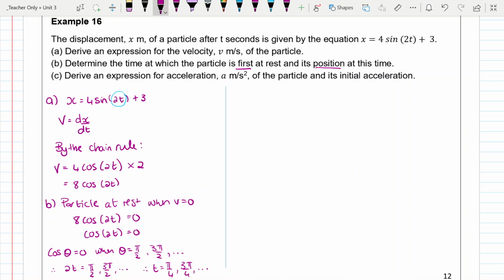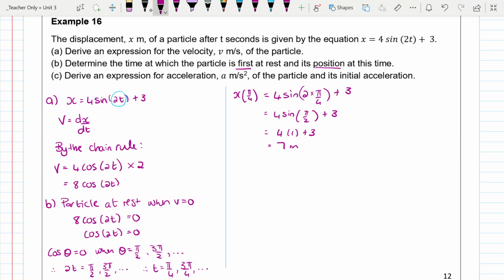Now, the second part of it is saying what is its position at this time. So we're looking for x of pi on 4, and that's going to be, remember, x is our displacement function, so that's going to be 4 sine of 2 times pi on 4 plus 3, and that's 4 sine of pi on 2 plus 3, and obviously sine of pi on 2 is just 1, so we have 4 times 1 plus 3, and that's going to be a positive 7.